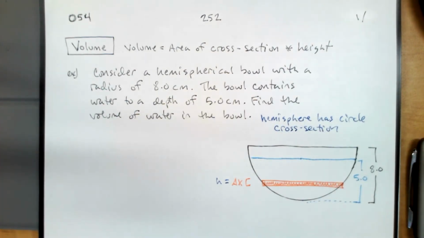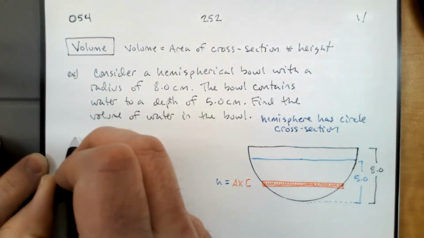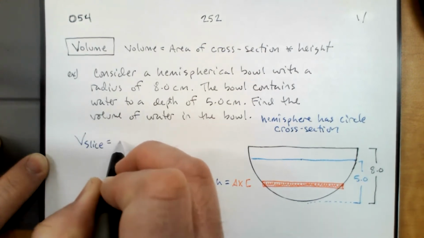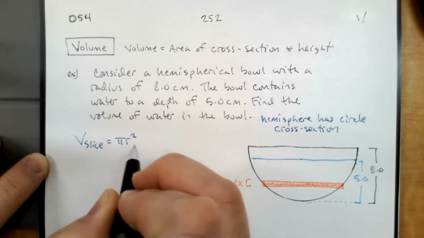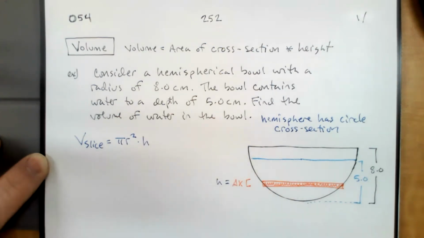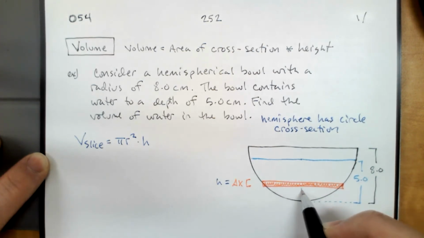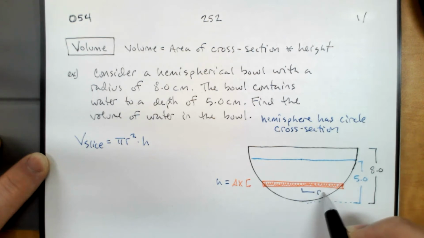So since the cross section is a circle, the area of the cross section will be pi r squared. So the volume of the slice is pi r squared times the height. Now, since this is the side of a circle from the side, we can label the radius.